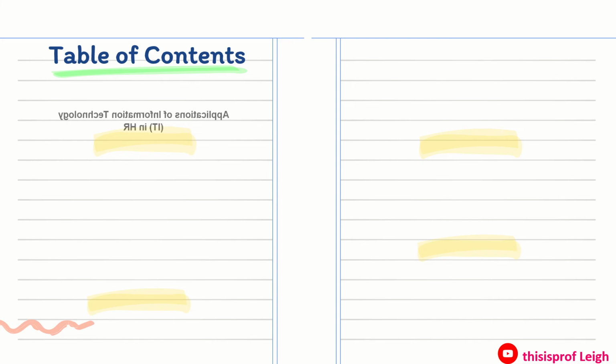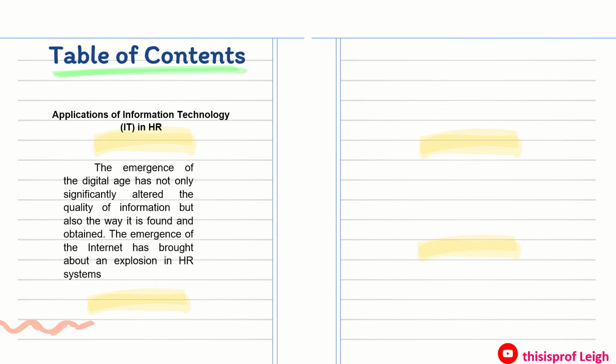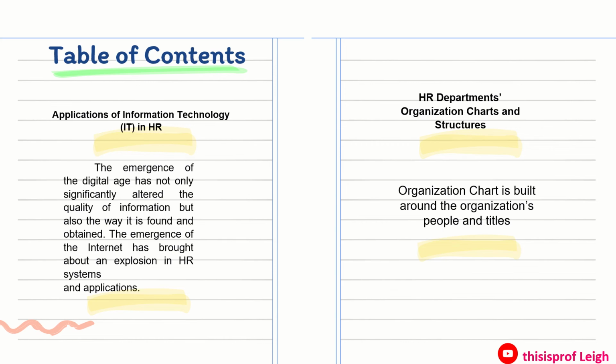Topics involved in this lesson are application of information technology in HR, and HR departments, organization charts, and structures. Under the application of information technology in HR, we are going to know the emergence of the digital age, and that it has not only significantly altered the quality of information, but also the way it is found and obtained.